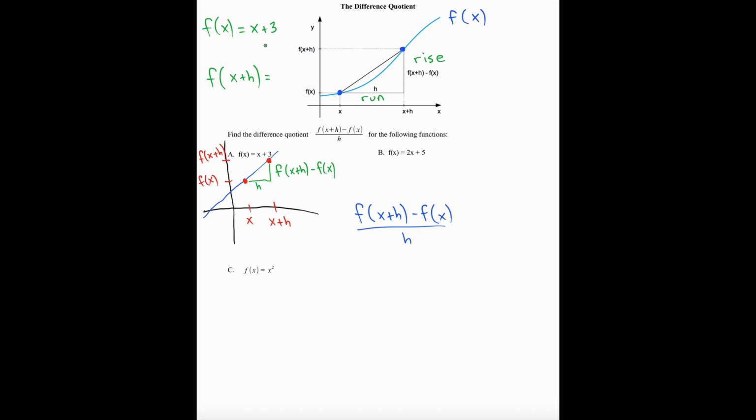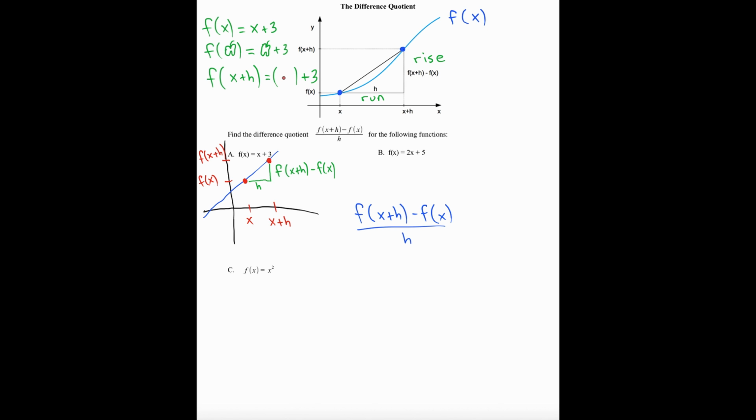Well, if you recall from section on functions, one way to plug into a function like this is to use open parentheses. Because if I were to have f of apple, for example, then what would it be? Apple plus 3, right? Whatever is in those parentheses, that's what has to go in place of x.